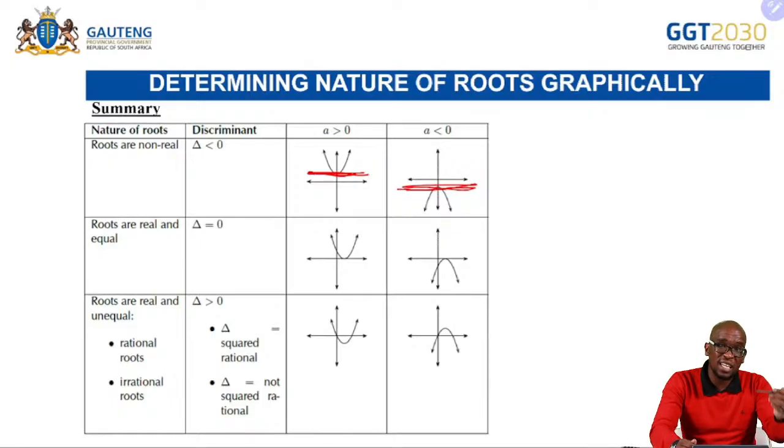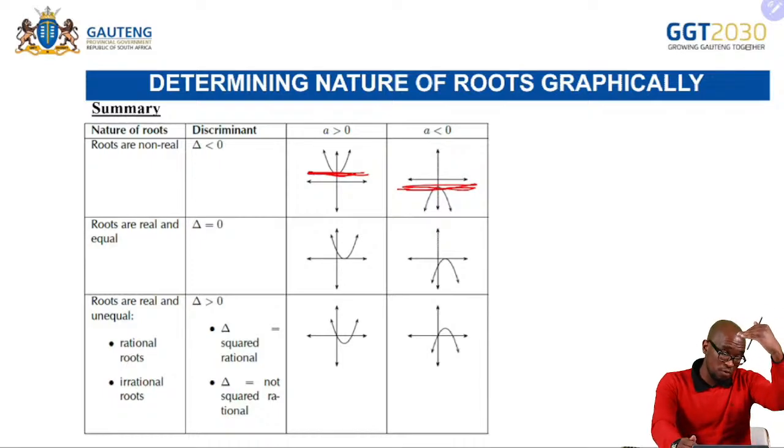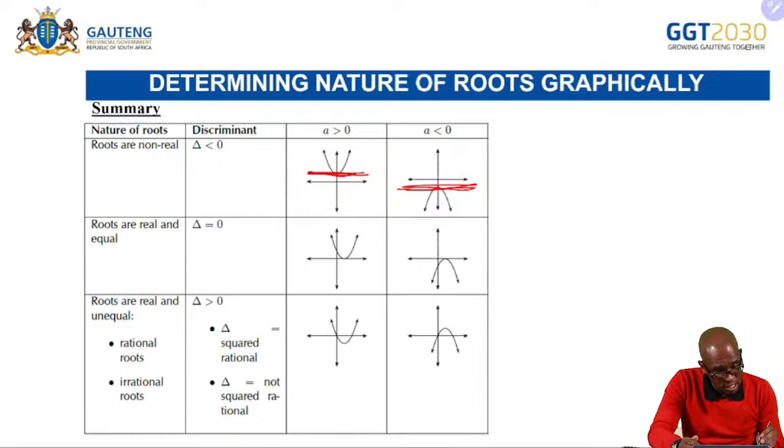Now, if you move the graph just from where it was, just move the turning point to the x-axis, you see now that it touches the x-axis once. We say it has equal roots if it does that. And then if you continue moving the graph below the turning point, you're now going to see that it cuts the x-axis twice. And then we say that it has two roots in this case.